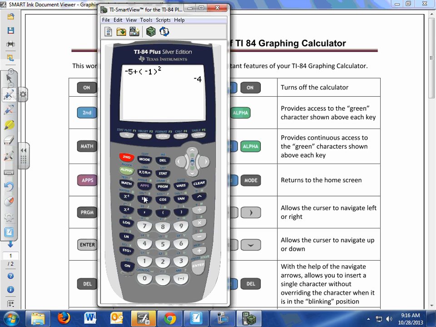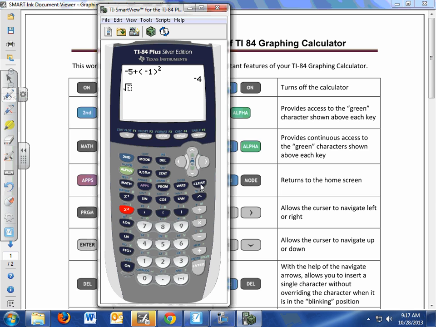So if I press second, then this SIN button, you see the thing in blue above it, SIN with a -1. If I press second and this, I get a square root. Okay, so second and then a button, you get the stuff in blue.